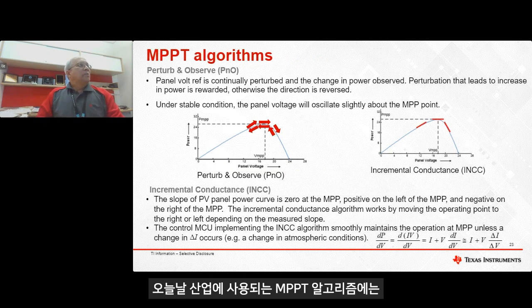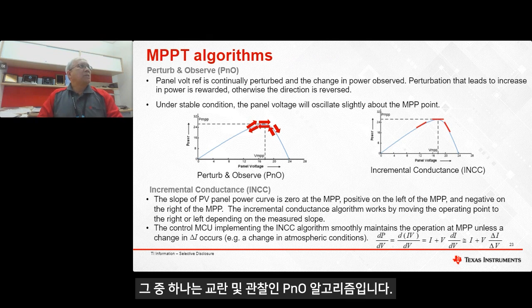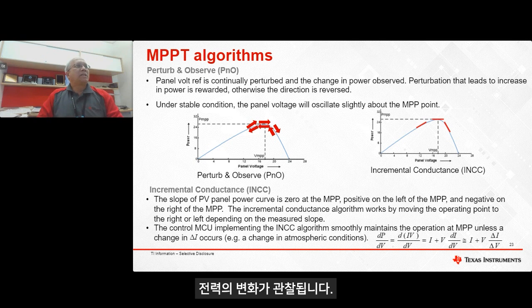So for MPPT, there are several algorithms used today in industry. One of them is the perturb and observe (PNO) algorithm, where the panel voltage reference is continuously perturbed and the change in power is observed. A perturbation that leads to an increase in power is rewarded.